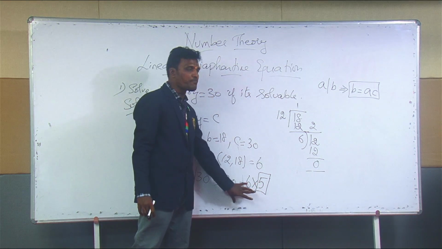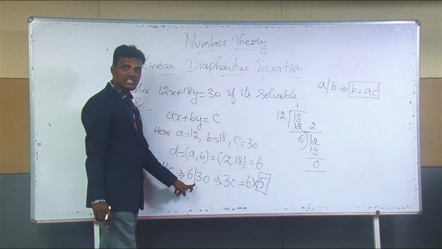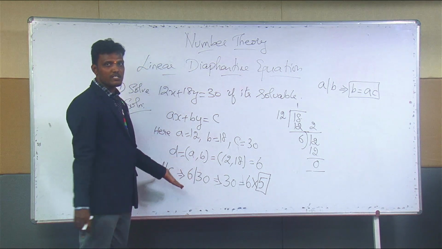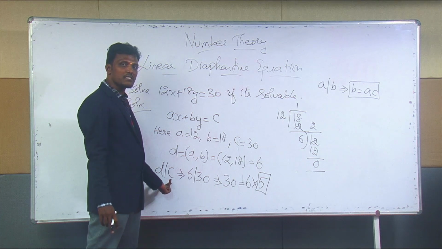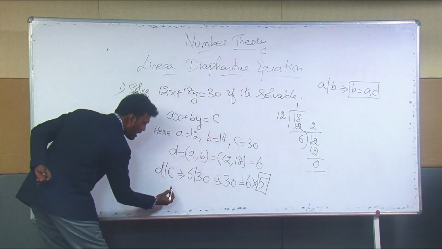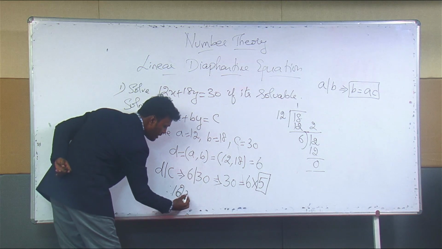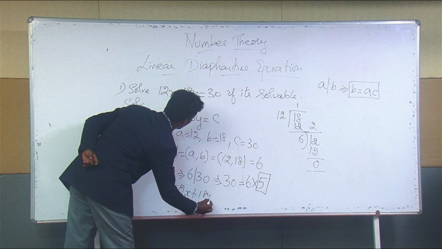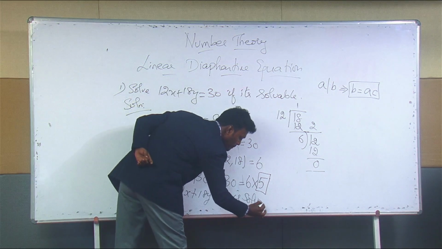If it is expressed in the form B equal to AC, then you can say 6 divides 30. If the condition is satisfied, you can say it is solvable. Therefore, the linear Diophantine equation 12x plus 18y equal to 30 is solvable.